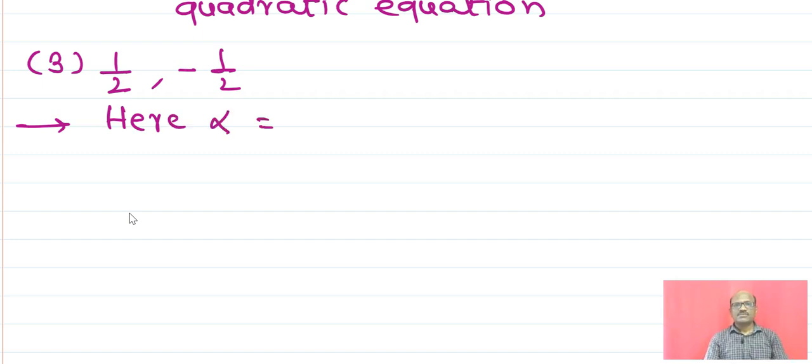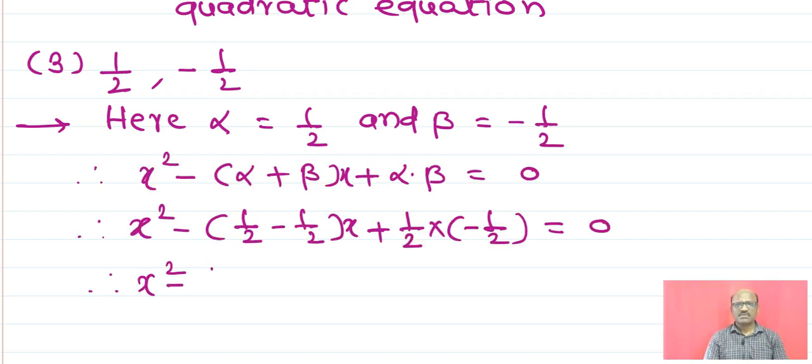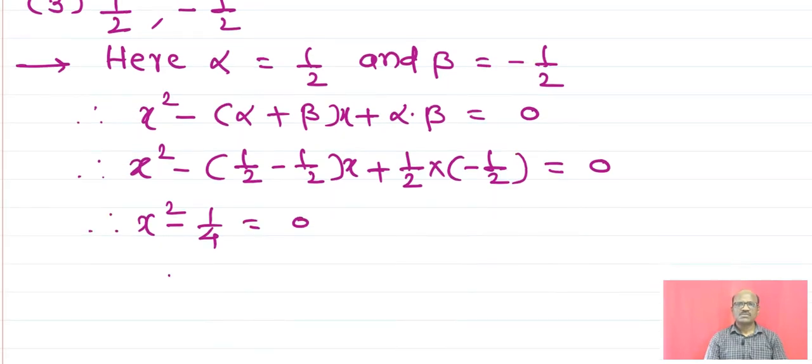Here alpha is equal to 1 upon 2 and beta is equal to minus 1 upon 2. Therefore, x square minus in bracket, 1 upon 2 gets cancelled, 1 by 2 into minus 1 by 2 becomes minus 1 by 4. Therefore, x square minus 1 by 4 equals 0. This is the required quadratic equation.